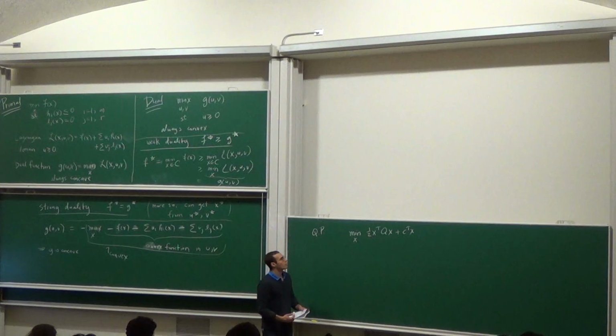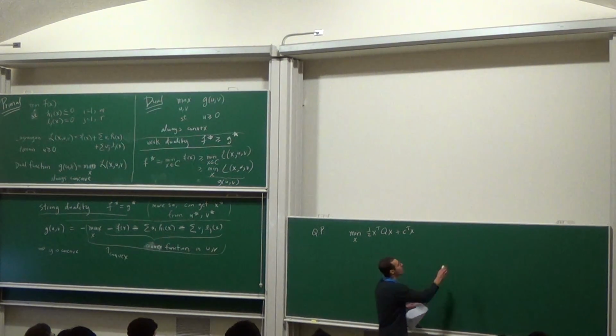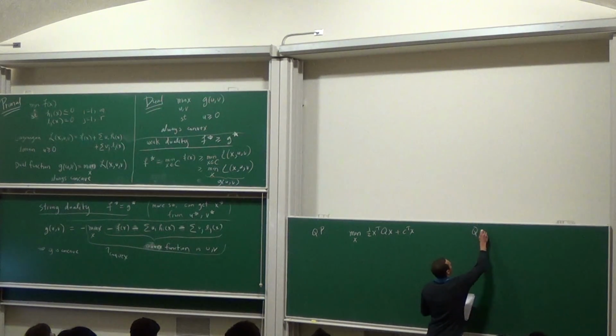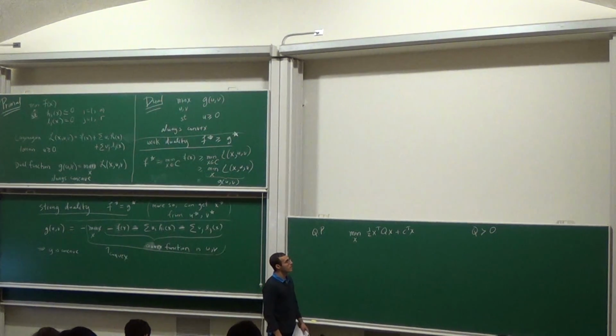So when is that a convex function, by the way? Is that always a convex function? Right, I have to know that Q is positive semi-definite. And here I'm actually going to make it strictly positive definite for simplicity. Although that may not be the case, it just makes the calculation easier.